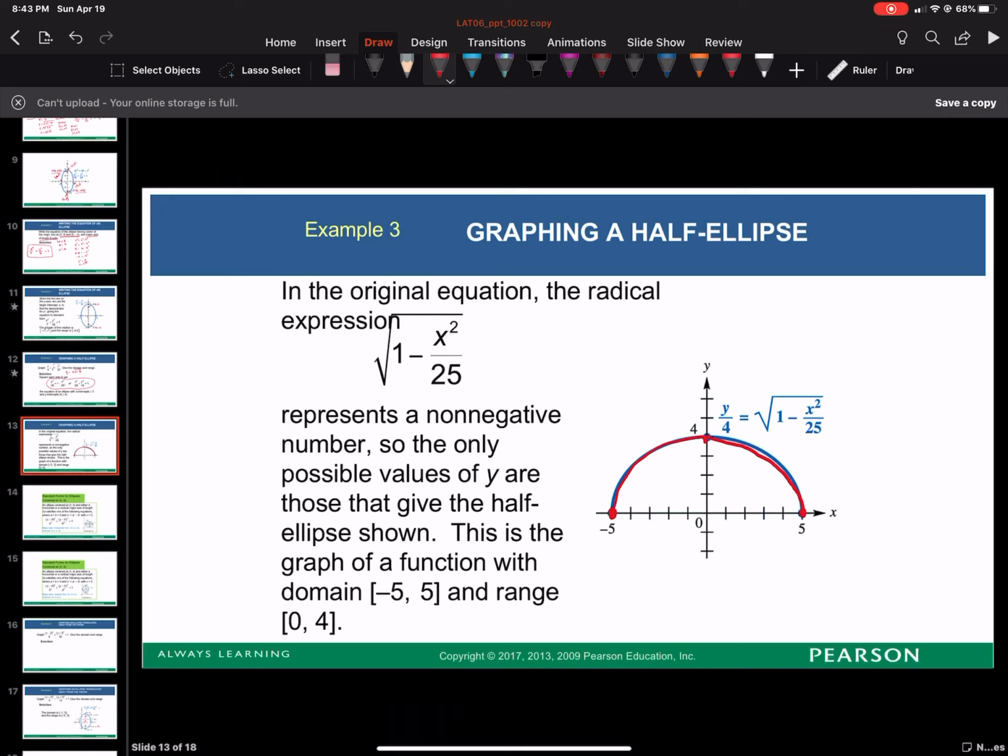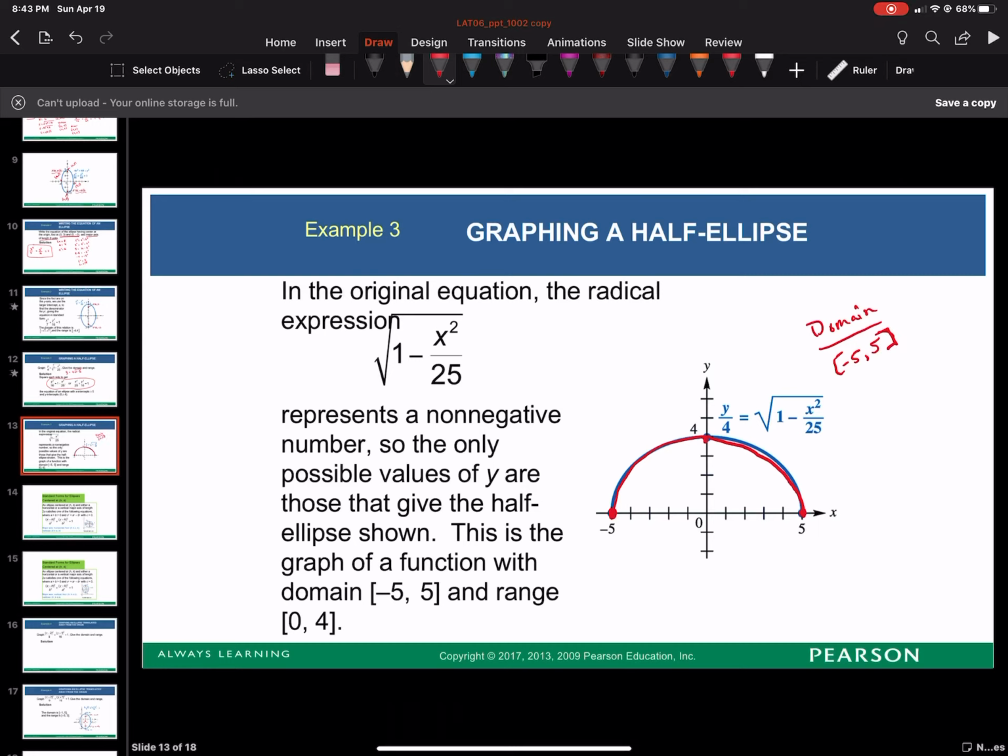Now, you don't put the bottom half because it's a half ellipse; it didn't give you the negative case for y. So the domain should be from -5 to 5.